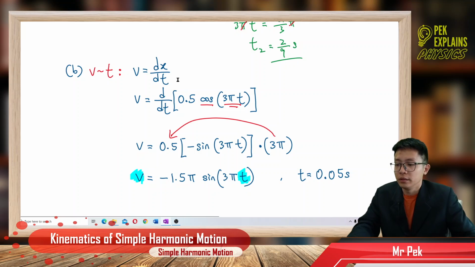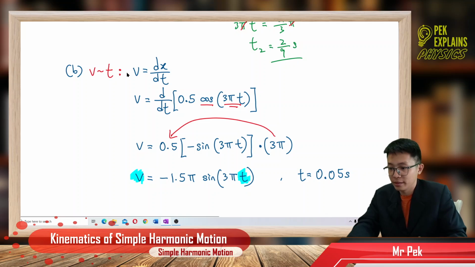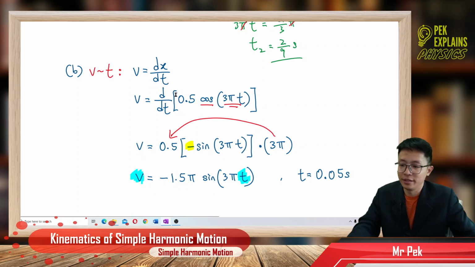Now, differentiate this versus time. First, differentiate outside. 0.5 is still 0.5. Differentiate cos, you get negative sine. Remember, when you differentiate cos, you get negative sine. And then 3 pi t, just copy. Now differentiate inside. We get 3 pi.